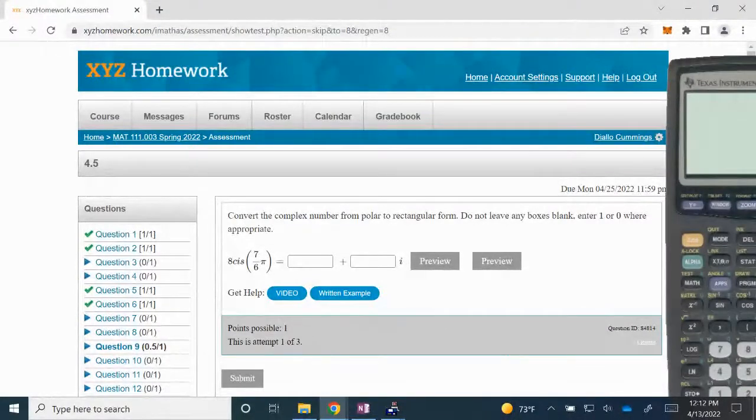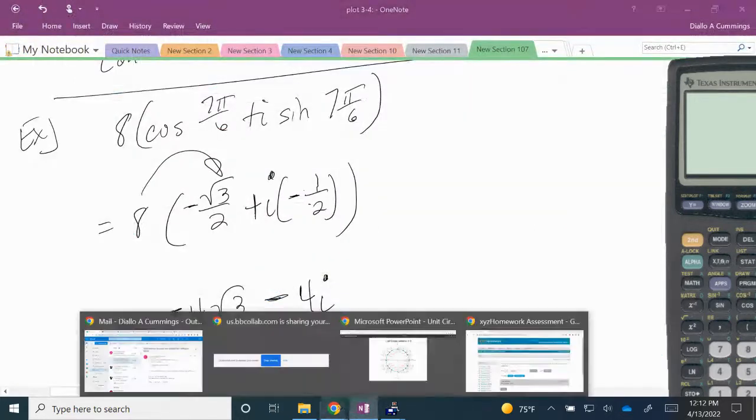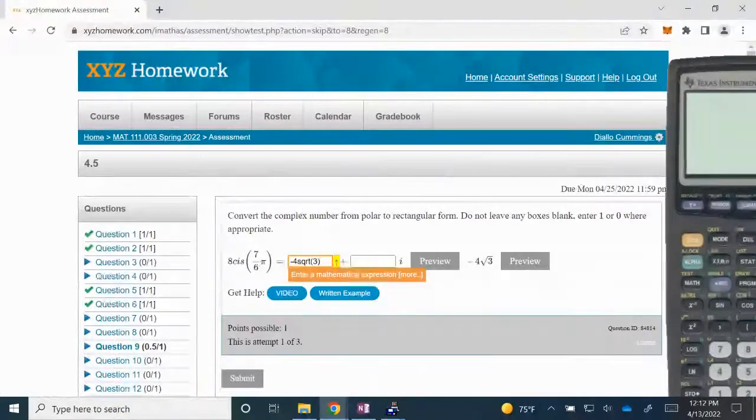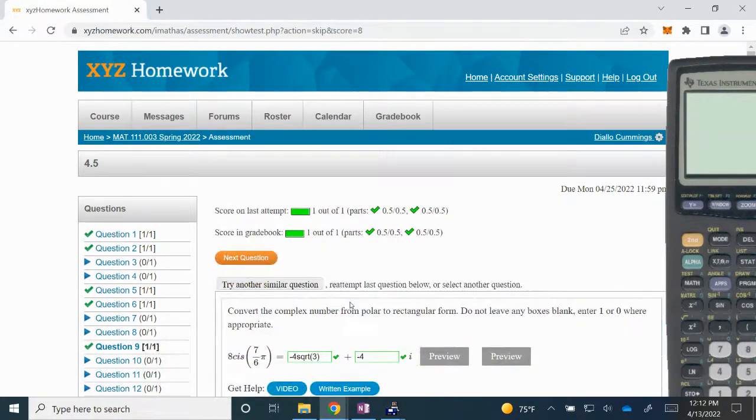So we have negative 4 square root of 3 minus 4i.